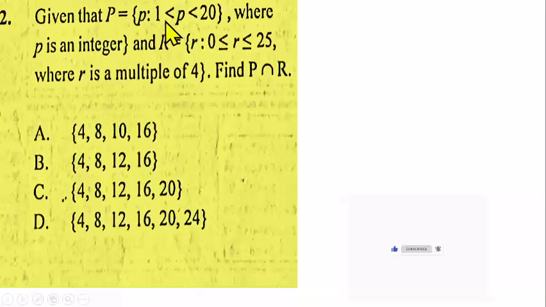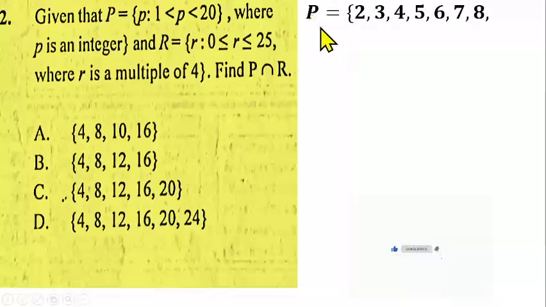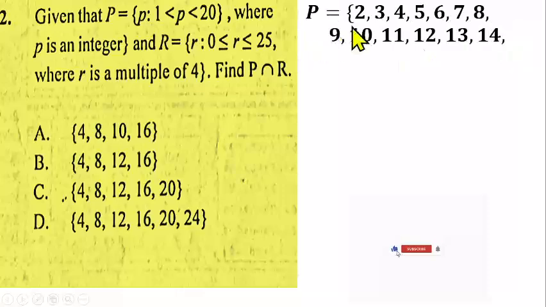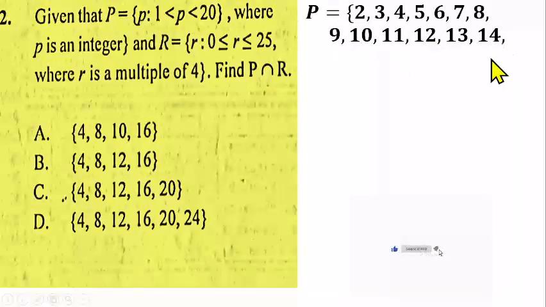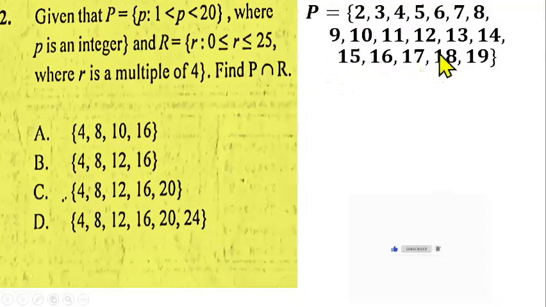You can even see that the values of P are all positive, because 1 is less than P, that means P is greater than 1, so you have 2 up to P less than 20, that will be up to 19. So the elements of set P will be 2, 3, 4, 5, 6, 7, 8, 9, 10, 11, 12, 13, 14, 15, 16, 17, 18, 19. These are the elements in set P.